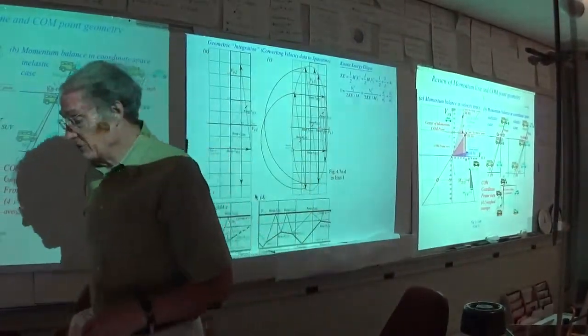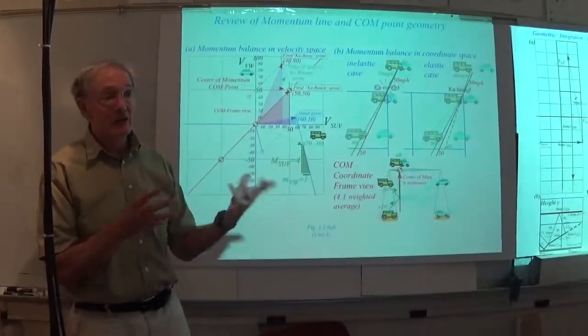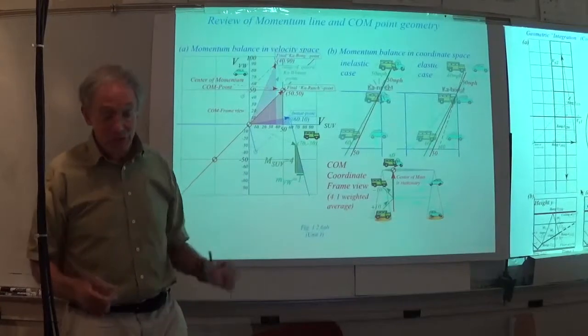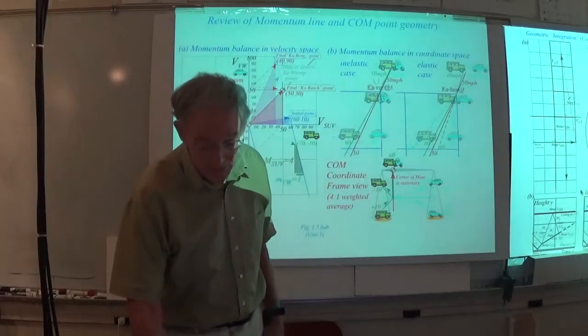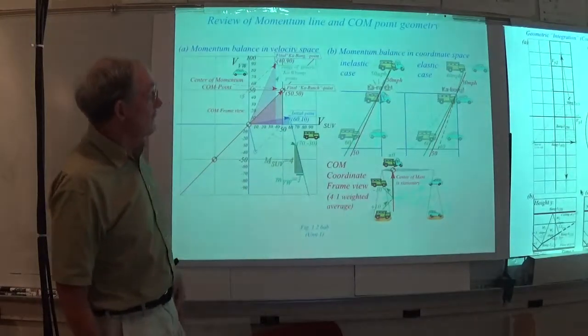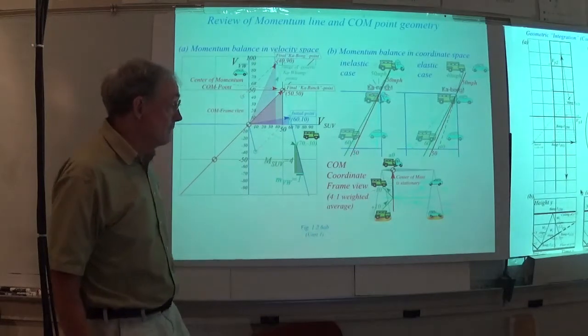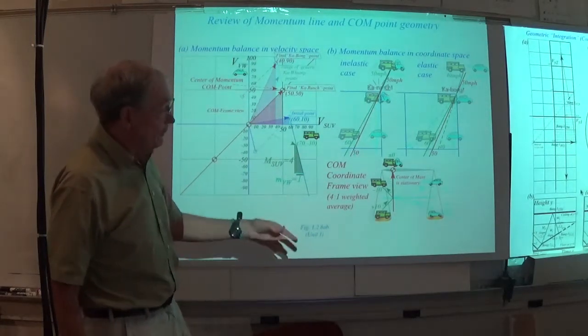Okay, so the first thing that I want to make sure that you see is the difference between a center of momentum and a center of gravity. The center of gravity is something you talk about in space. This picture is the last figure in the second chapter, which is figure 6.